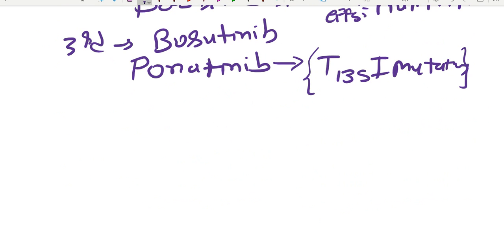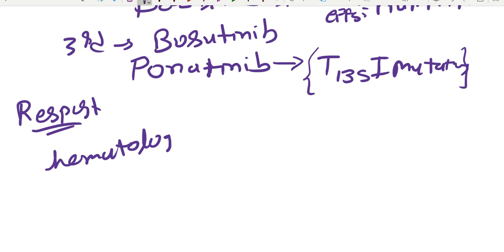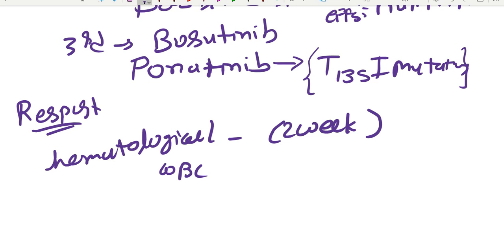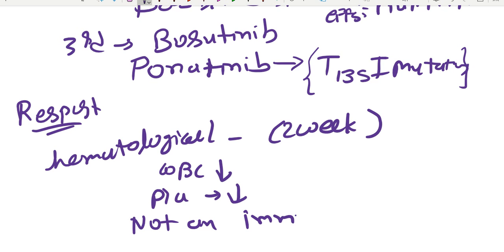Response to imatinib. Hematological response occurs in 2 weeks. In hematological response, the WBC count decreases, platelets decrease, and there is not a single immature cell in the blood.